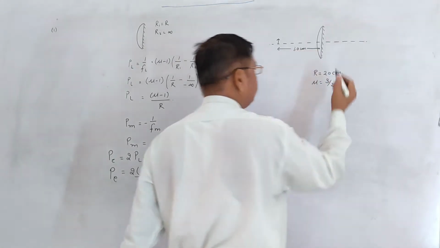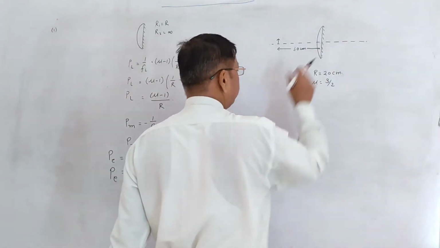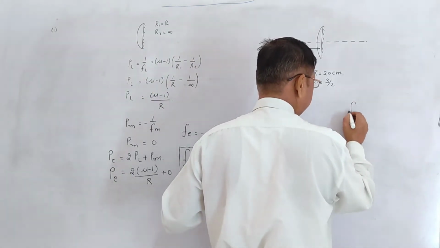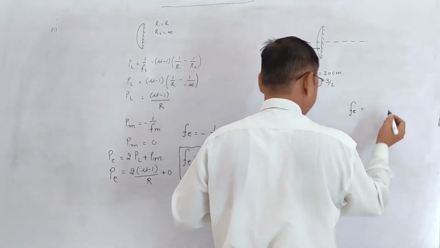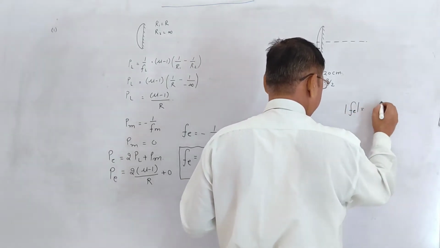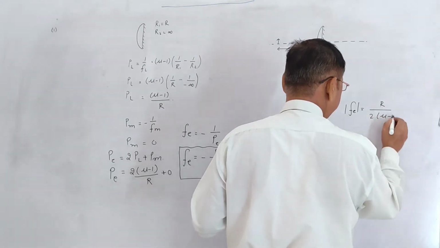Then find the position of the image. So now we know that this behaves like a concave mirror of this focal length. So the effective focal length will be, numerical value, R upon 2(mu minus 1).